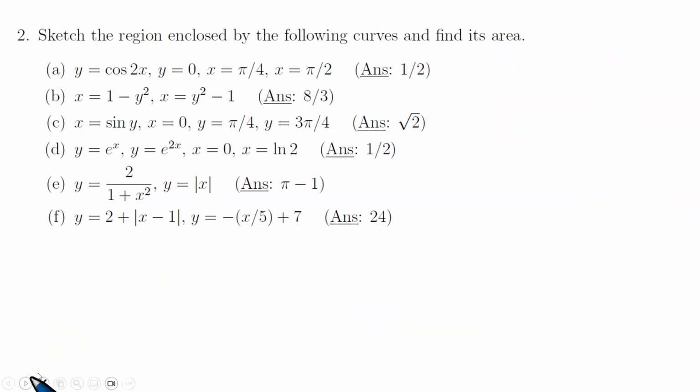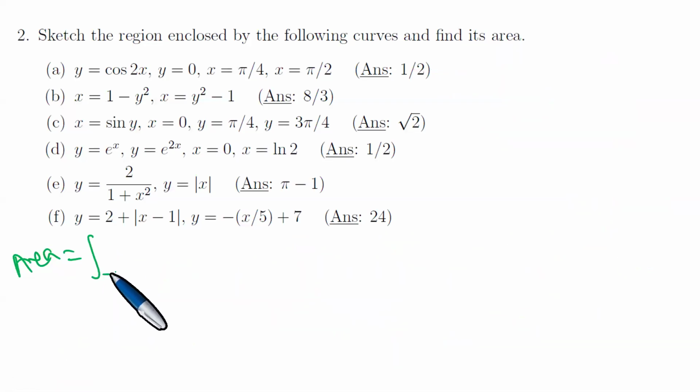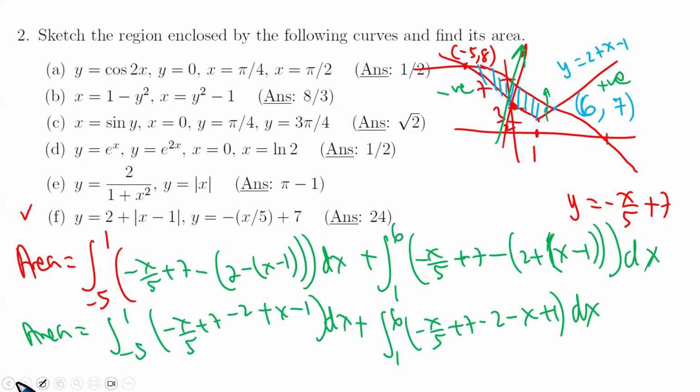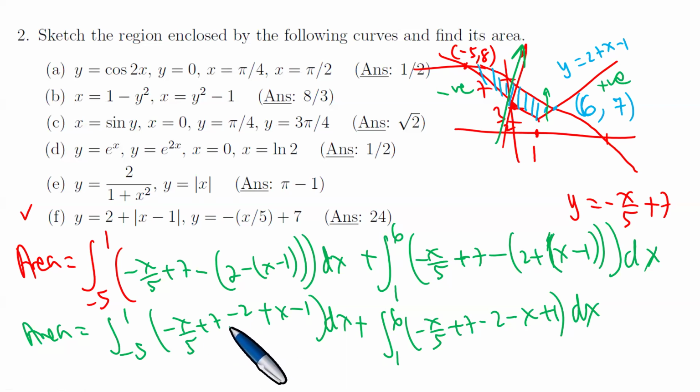So now you need the area, which is exactly the integral from minus 5 to 1. Right, so you have exactly x over 5 minus x, which is minus 4x over 5. 7 minus 3 is a 4.